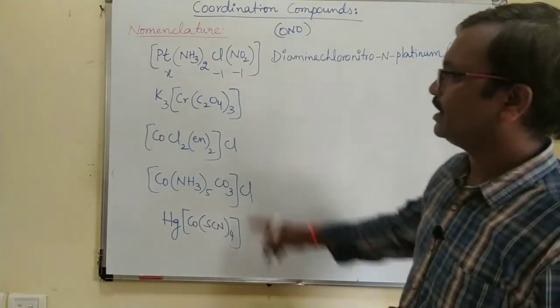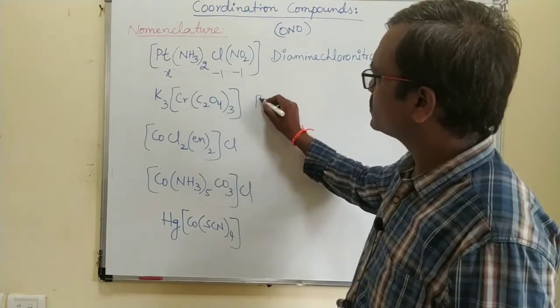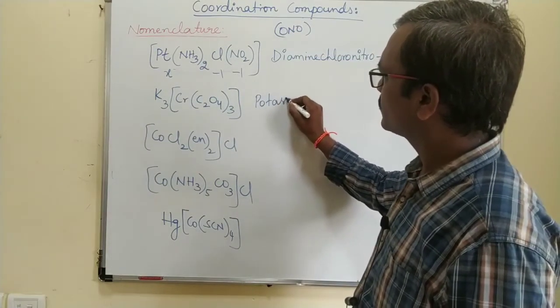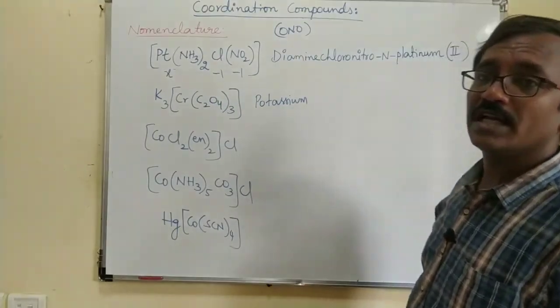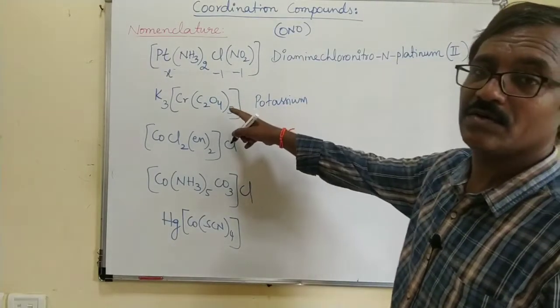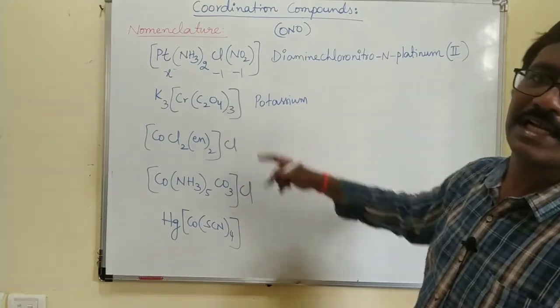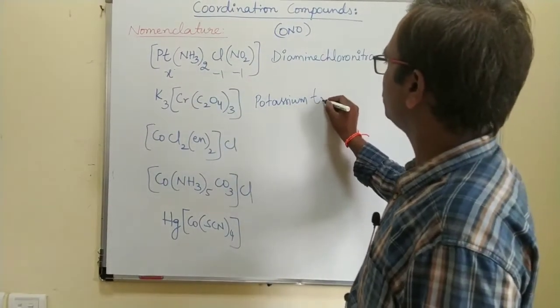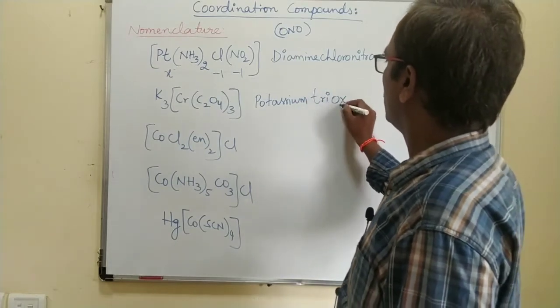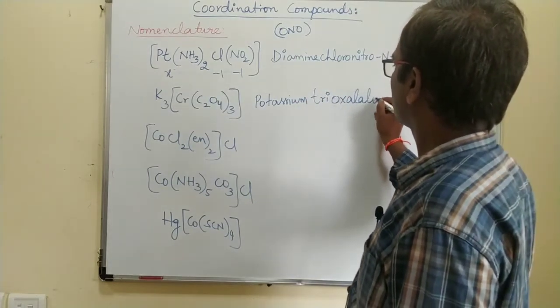Right. In this case, potassium comes first. Potassium. C2O4, oxalato. You have a bidentate ligand. So trioxalato.